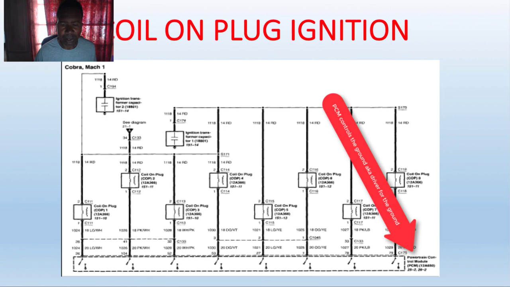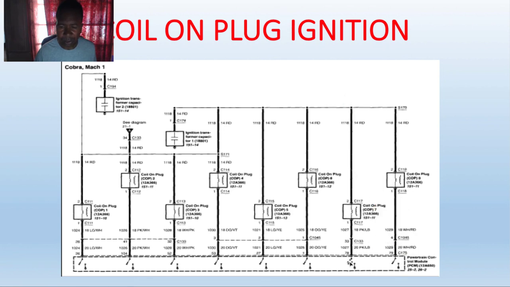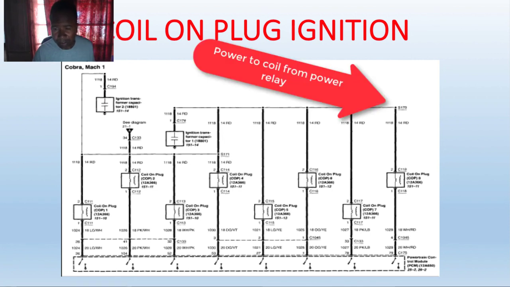You have 8 coils and 8 individual trigger points, 1 through 8. 8 triggering points, which is the ground. The ground controls the primary current flowing in the primary circuit to fire the secondary, which is the coil.